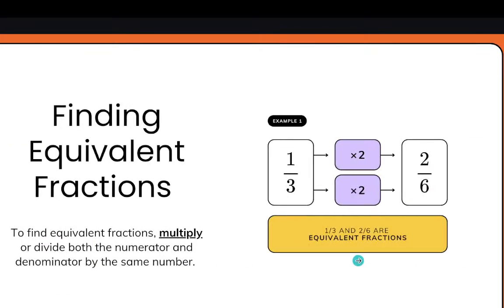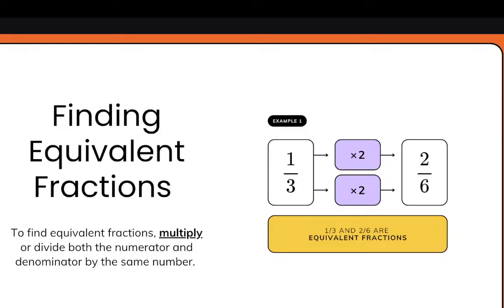Let's look at 1/3 and 2/6. Okay? If I multiply the numerator and denominator of 1/3 by 2, I get 2 over 6. 1 times 2 is 2, and then 3 times 2 is 6.